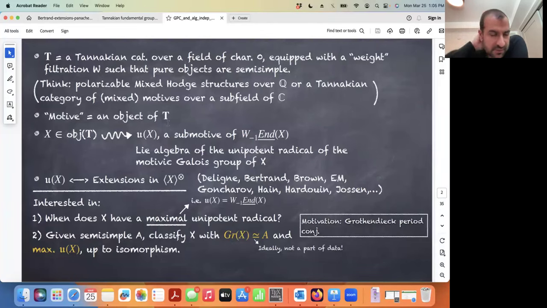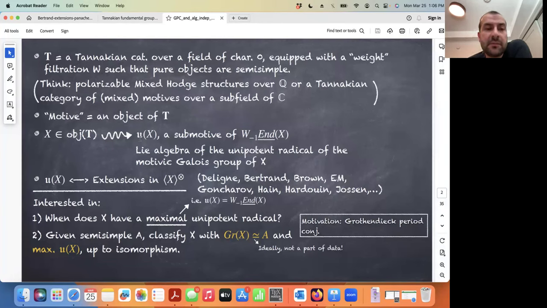Last time we saw that Tannakian formalism associates to each object X of this category a sub-object, or sub-motive, UX of W_{-1} End(X). These underlying Ends and underlying Homs are internal Homs in the category, so this is a motive, and UX is a sub-motive of that.